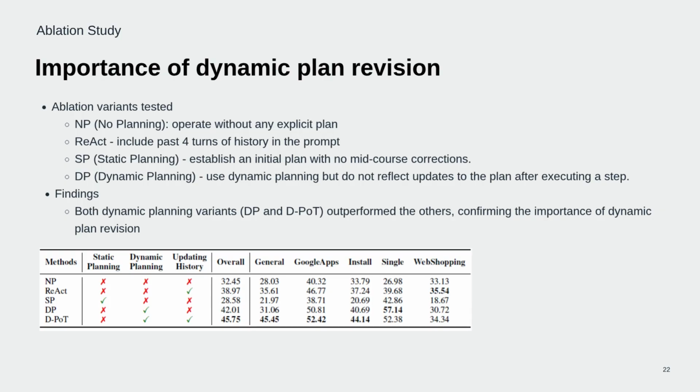In this part, the authors also have an ablation study. In this ablation study, the authors defined four different types: NP, ReAct, SP, and DP, which are no planning, ReAct, static planning, which does not adjust the plan at every single step, and DP, dynamic planning, but the difference from DPOT is that in the DP setting they have no updated historical change.